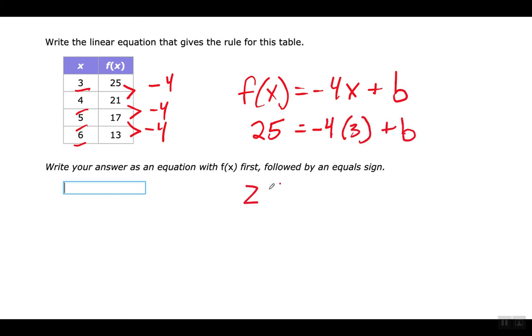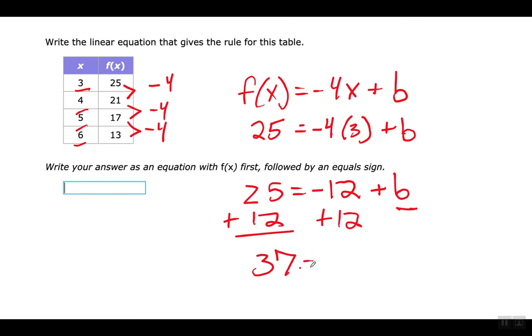That gives me 25 equals negative 12 plus b. Now I'm going to solve for b by adding 12 to both sides. So b equals 37, and my answer is f of x equals negative 4x plus 37.